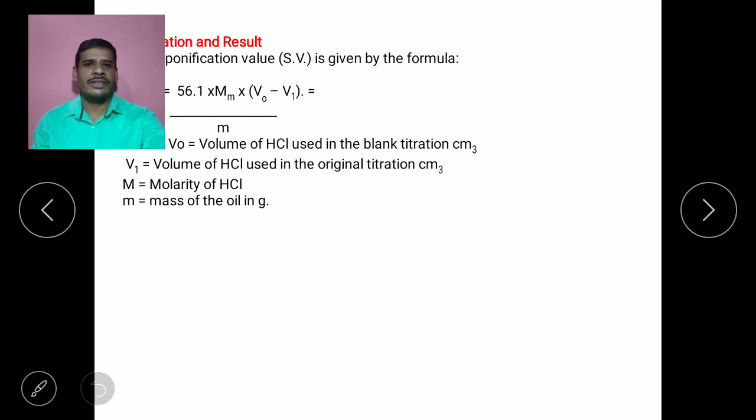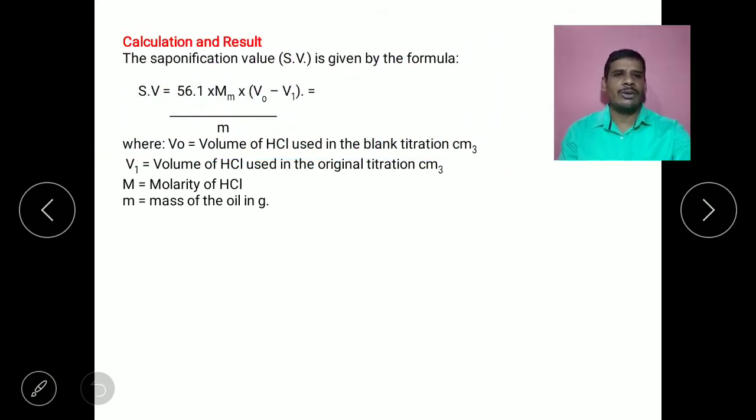In the calculations and result, the formula used is: saponification value equals 56.1 multiplied by capital M multiplied by V0 minus V1, divided by small m. Here V0 is the volume of HCl used for the blank titration in cubic centimeters.